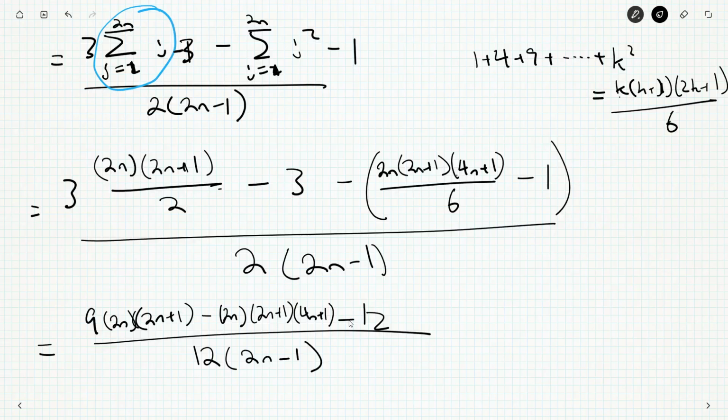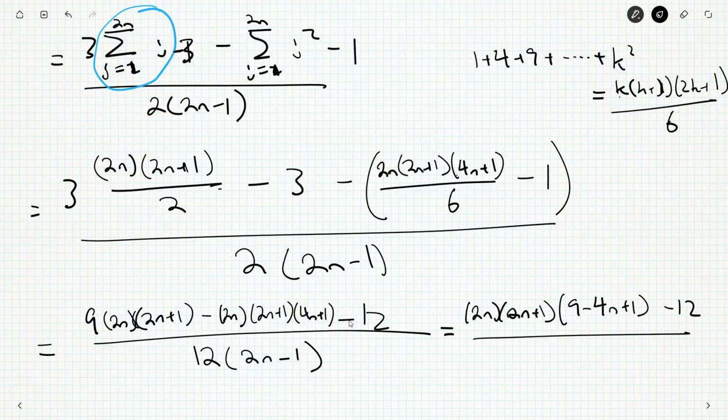I suppose what we could do is group these together. So we've got the factors of 2n and 2n plus 1 here, and then 9 minus (4n plus 1). Again, minus 12. I don't like that 12 there.